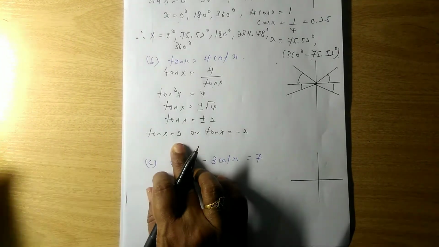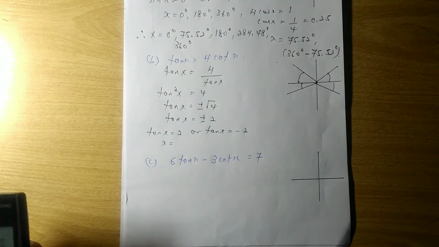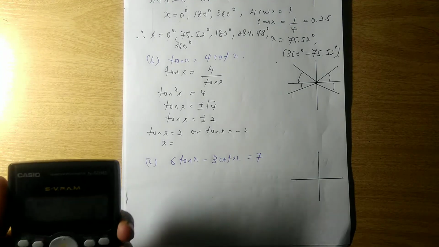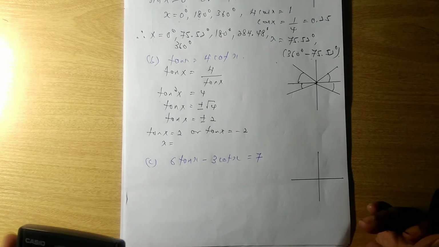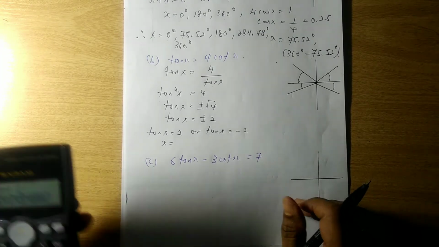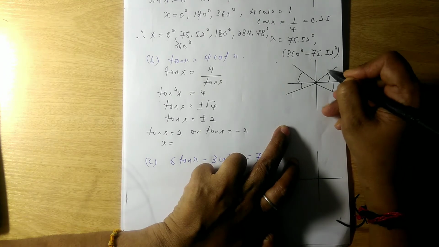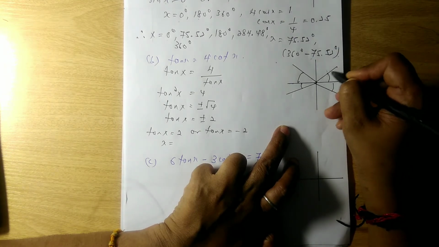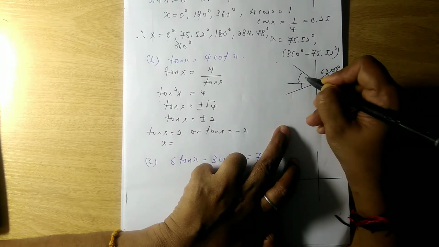So x can be, when tangent is 2, shift tangent 2, we'll actually get 63.43 degrees. That means all the angles are the same. So this one will be 63.43 degrees. Okay, so all of it is actually the same angle.